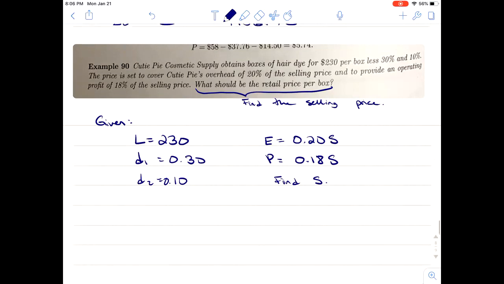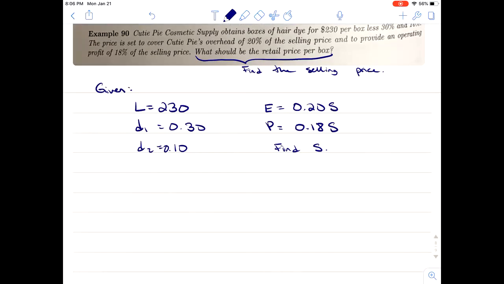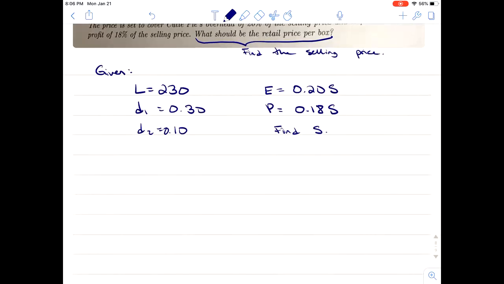So one way we could do it is, if I know E and I know P, I could say S is C plus E plus P. I want to find S. That's where I'm headed.